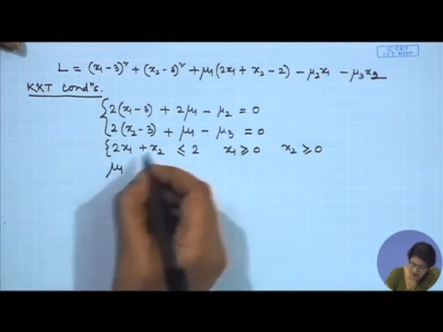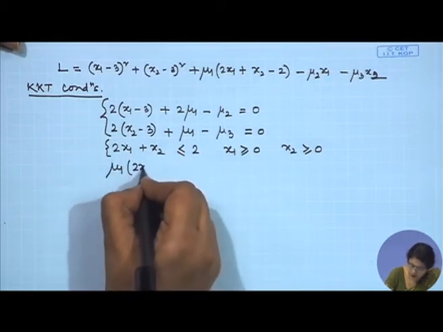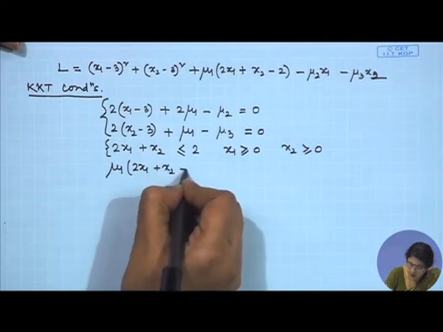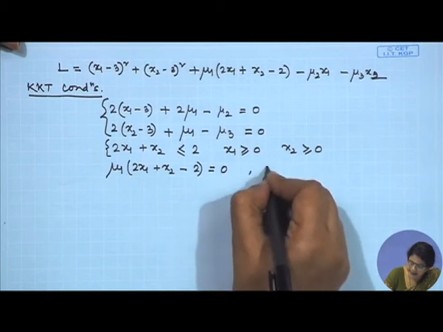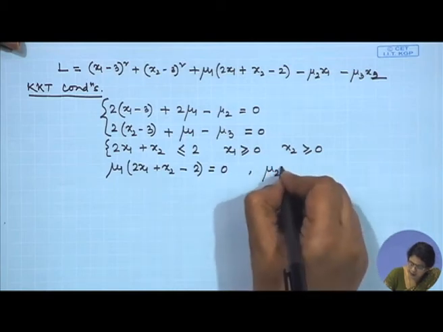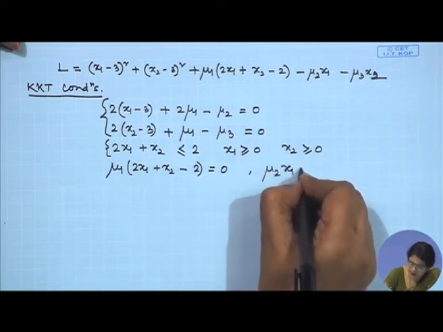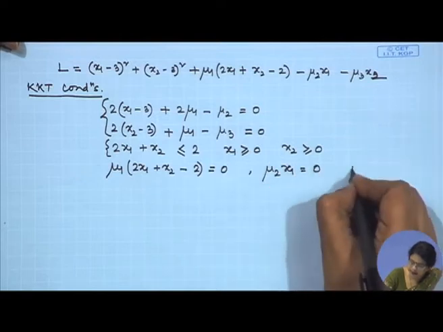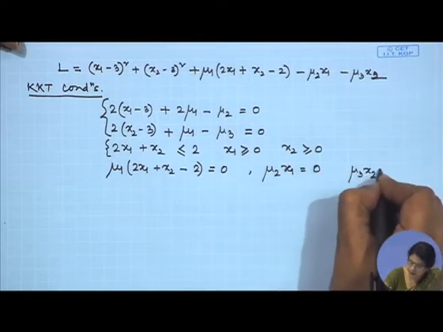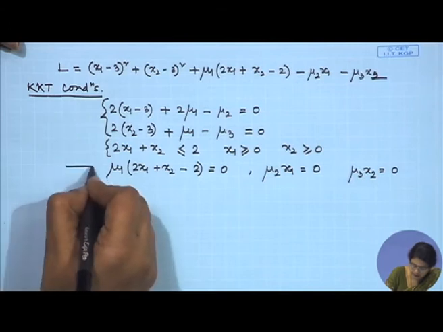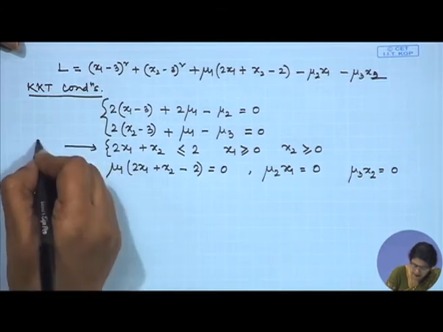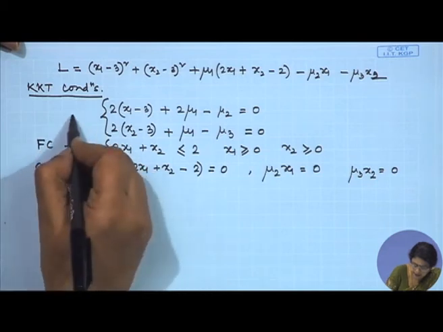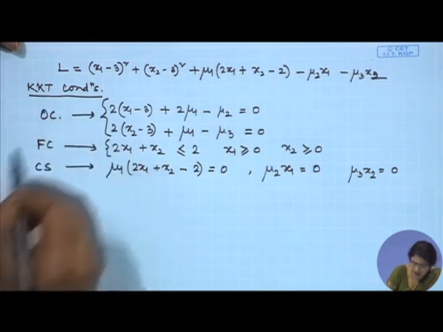The first condition is mu 1 into (2x1 plus x2 minus 2) is equal to 0, and the second condition is mu 2 into x1 is equal to 0 and mu 3 x2 is equal to 0. This is the complementary slackness condition, this is the feasibility condition, and this is the optimality condition.